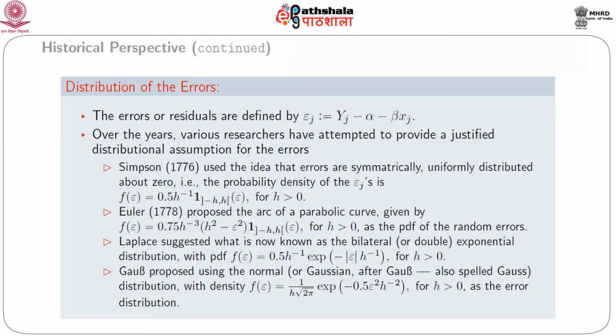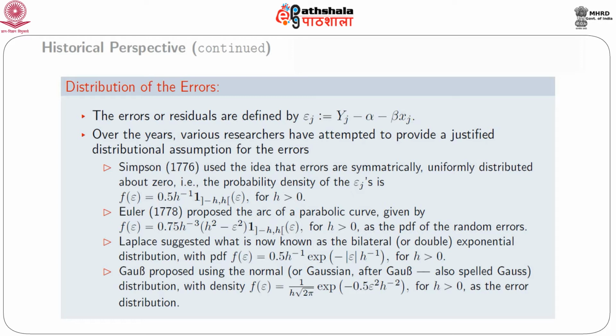Euler in 1778 proposed the arc of a parabolic curve given by f(epsilon) = 0.75 times 1/h cubed times (h squared minus epsilon squared), where epsilon lies between minus h and plus h for h greater than 0, as the PDF of the random errors.